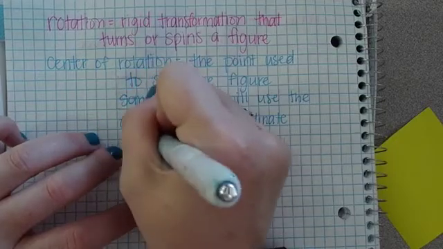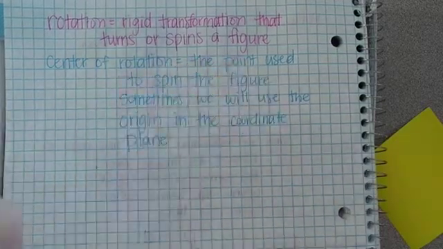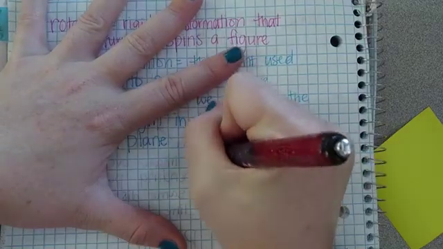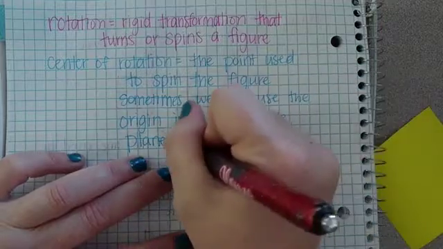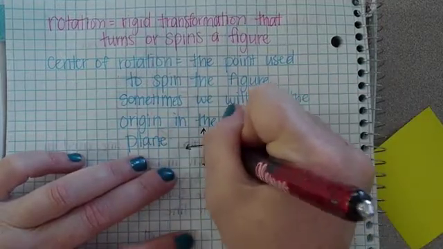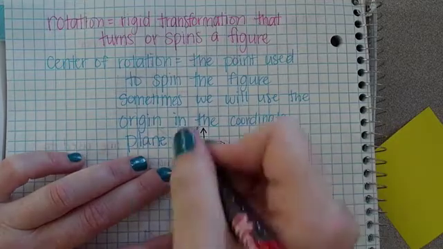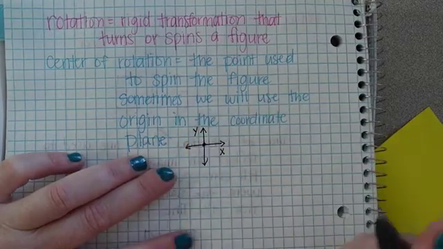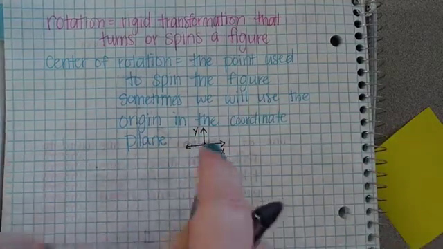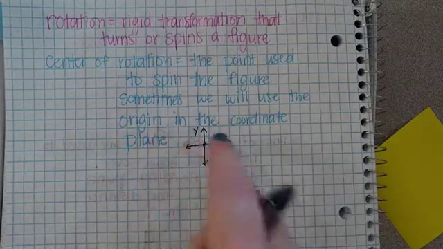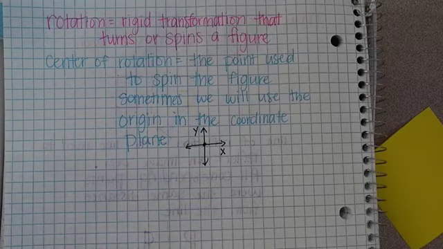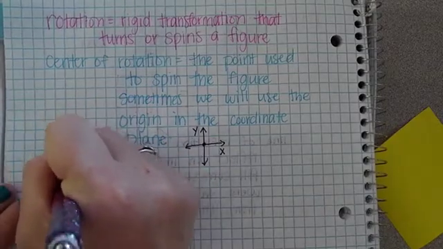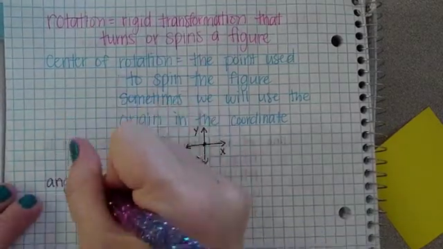So if you think about the two lines that we drew through, those also look like the x and y axis. So this point right here is called the origin. So sometimes that point is actually in the coordinate system and is the origin. Okay? The other thing that I want you to write down is the angle of rotation.